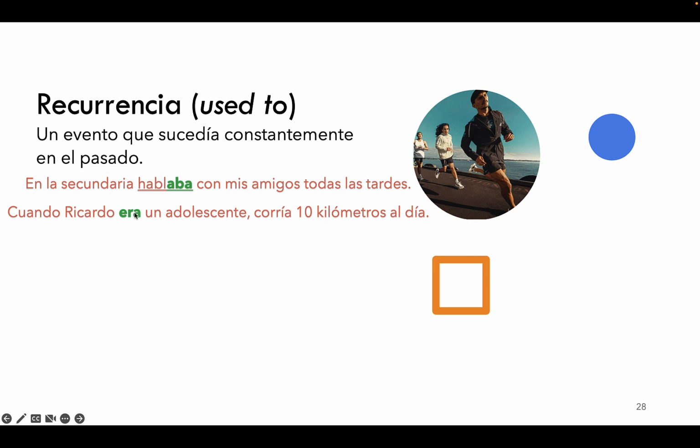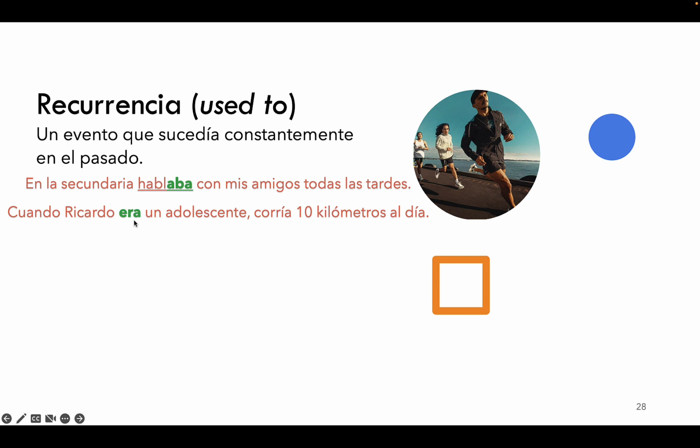The idea is placing us in the past. So when we want to convey the idea of when I was younger, when I was a kid, when I was a teenager, we are going to use the verb ser in the past tense. This is an irregular. We're going to cover it here shortly.